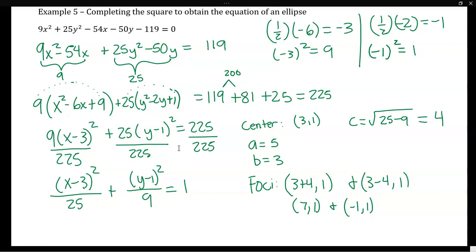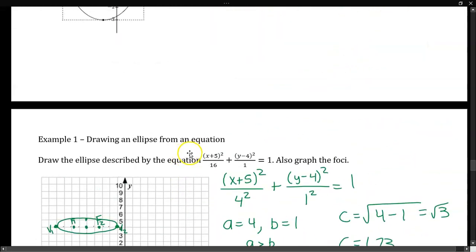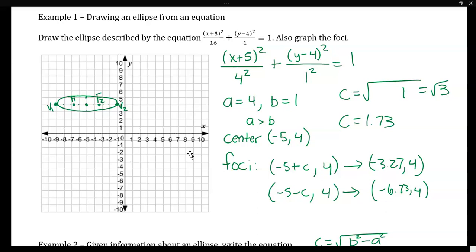I do think I want to go back to number 1 because I think I made a small mistake in the problem. In number 1, when we were finding the foci, this should have been the square root of 16 minus 1, which is going to be the square root of 15, which is still 3 point something, but it's the square root of the denominators subtracted. So let's clean that up. Square root of 15 is 3.9.